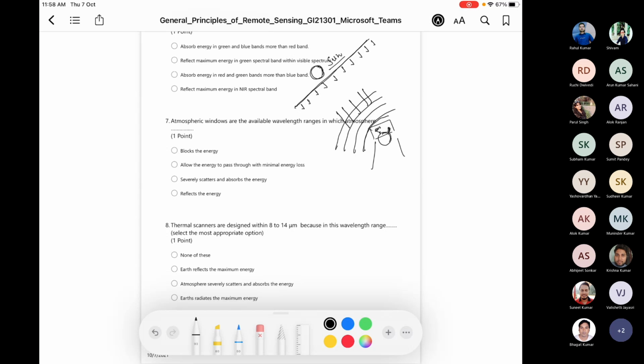If I zoom in, there is a tree and a person is standing and looking towards the tree. When we consider the sensitivity of our eyes, our eyes are only sensitive within the visible spectrum.